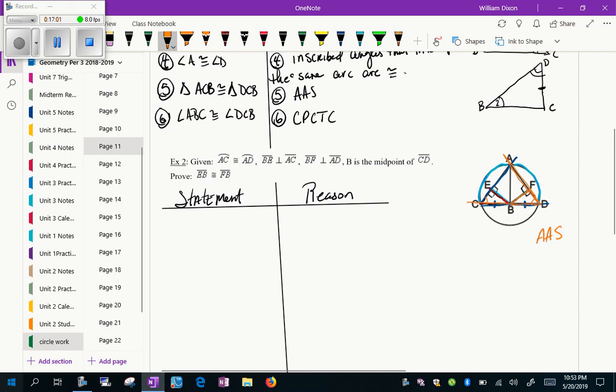So let's start right up here. So I have one, arc AC is congruent to arc AD, and that's given. I have two, what I just said, angle C is congruent to angle D. And the reason for that is that congruent arcs have congruent inscribed angles.